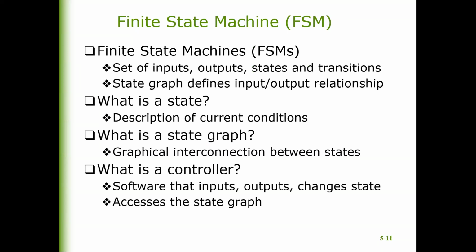For the FSMs, we have the inputs, outputs, states, transitions, and we have the graph that defines the input-output relationship. Like we discussed, a state is just a description of the current conditions. The state graph is the connections between the states. And the controller is just the software that reads inputs, sets outputs, changes state and accesses the state graph. Okay?